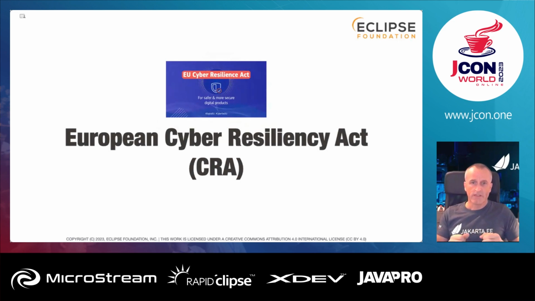So if you put software out there, you have to certify that it is secure, or whatever the criteria in the Cyber Resiliency Act are. And we don't really know how it's going, or what the result will be. So I'm just putting it out there that this is coming, and this is something we need to act on as an industry.